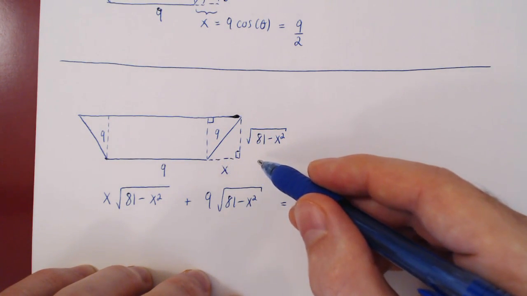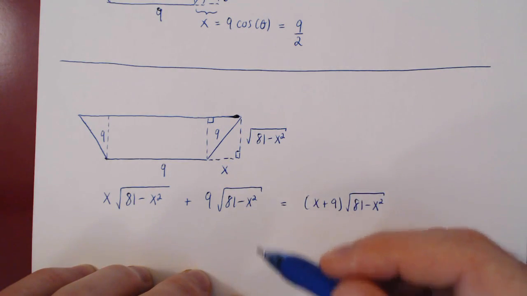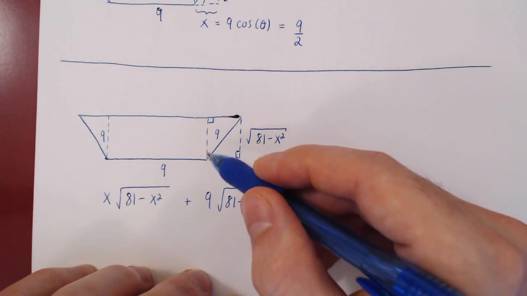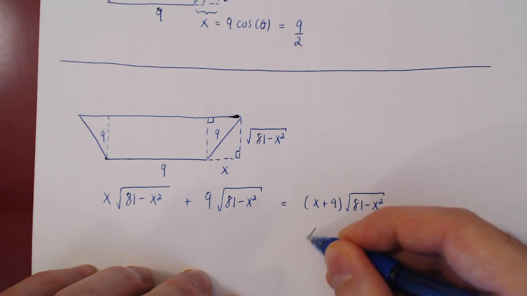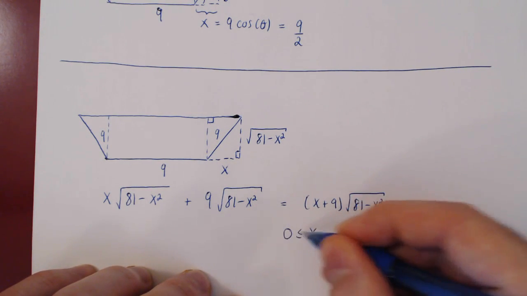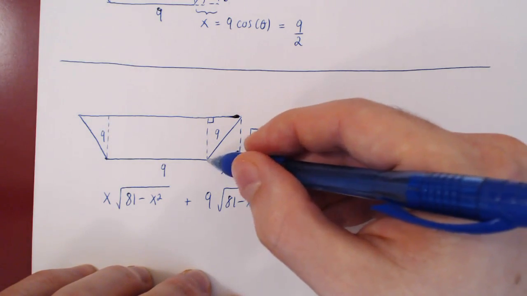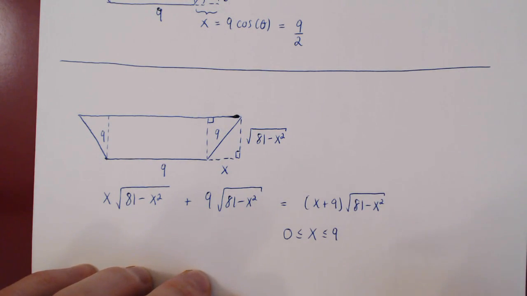So if the angle is 0, then x is exactly 9. And if the angle is pi over 2, then x is exactly 0. You have no base. So you see that x ranges between 0 and 9 because we already said that theta was ranging from 0 to pi over 2, which means that x ranges from 0 to 9.